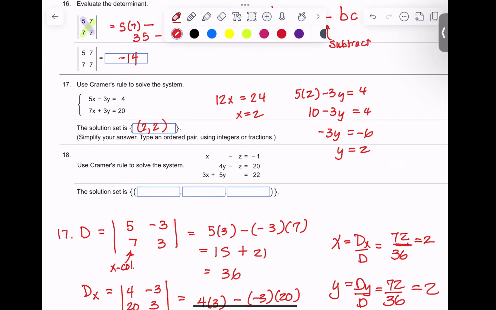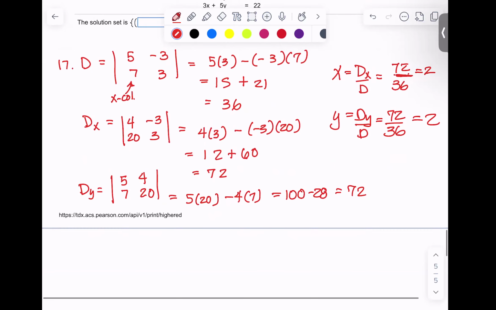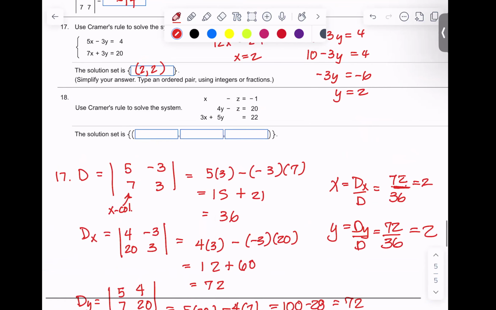If I just quickly add those two equations together, I get the ordered pair 2, 2. Now, problem 18 is probably not quite so easy just to solve using addition. I certainly could use Gauss-Jordan elimination on that. That would work brilliantly.